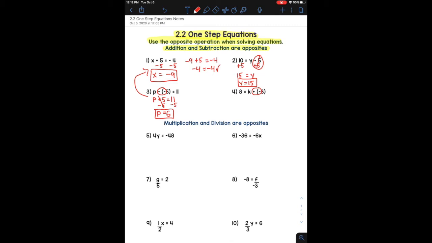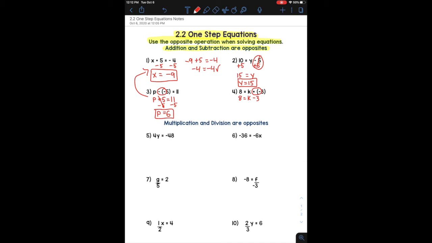Similar to number 3, number 4 also has two signs. However, unlike number 3, we have adding a negative number. When you add a negative number, that is going to change into just subtracting.